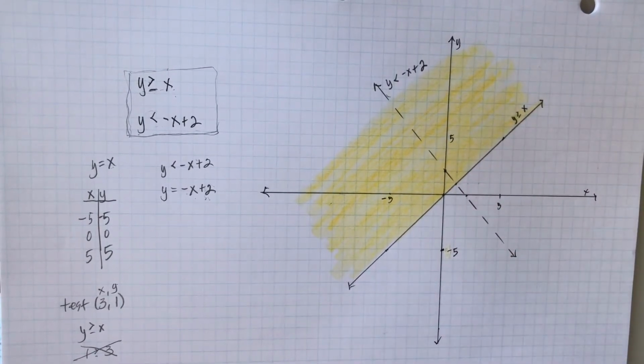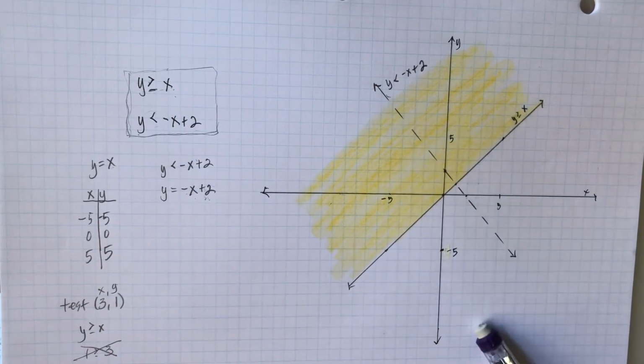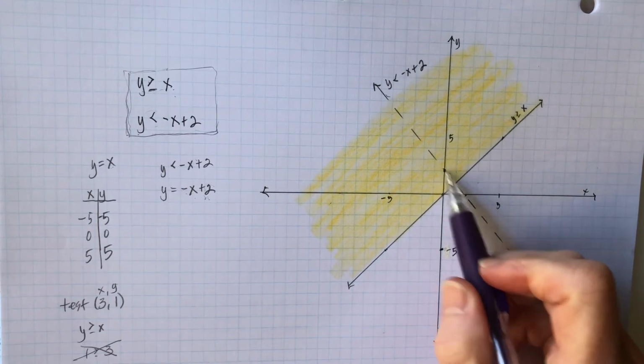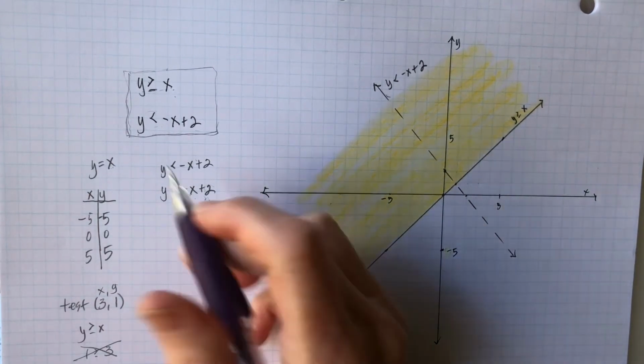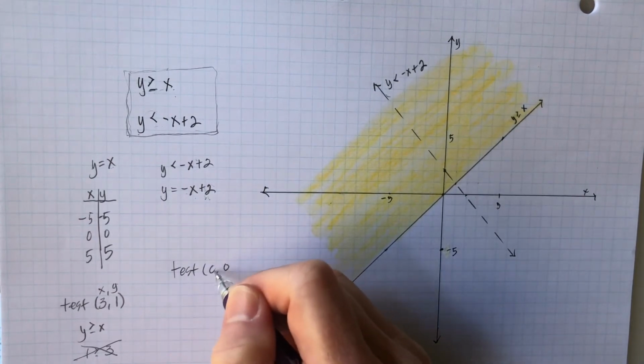Okay, so now, again, we need to figure out where to shade this line. Y is less than, so it looks like it's going to be anything below the line. But to double check, we can pick a point that's not on that dashed line. We could use 0, 0. So let's test 0, 0 in there.